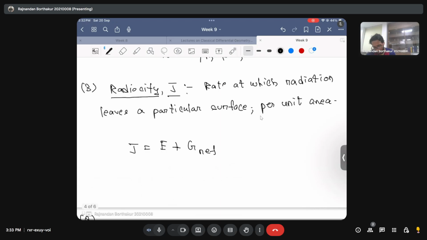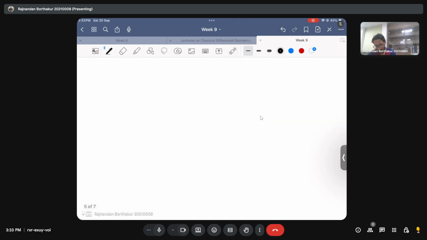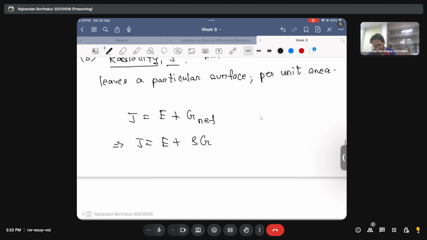And we know that this G_ref is nothing but the reflectivity times the irradiation G. So basically that's it. That's actually the most fundamental definition of radiosity.